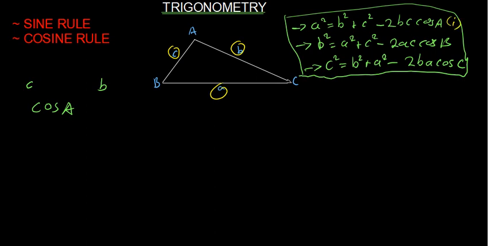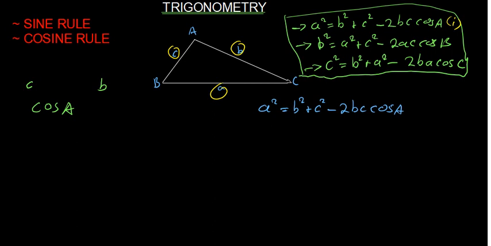You can use the others as examples and try them out, in reference to the one I'm going to use. So the first one is a squared is equal to b squared plus c squared minus 2bc cos A. So I want to make cos A the subject of the formula here.